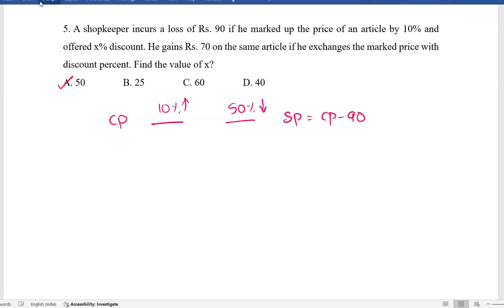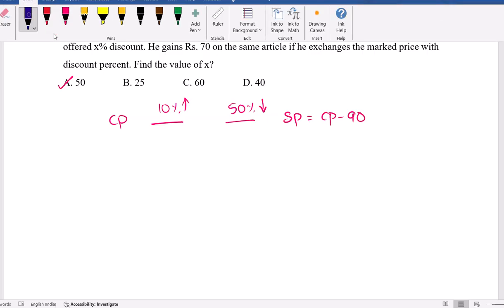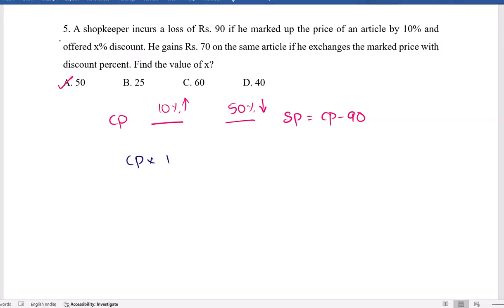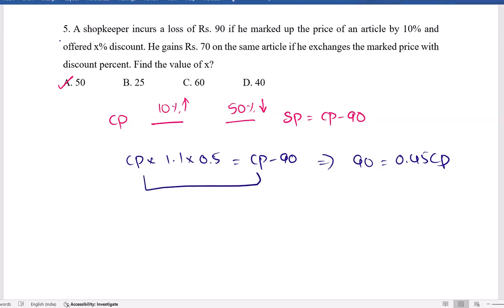Now CP into 1.1, 110%, into 0.5 because of the 50% discount, is CP minus 90. Now this 90 will go to this side. This is 0.55 and this is 0.45. Difference of these two will be 0.55 minus 0.45. CP will be 200 from this.